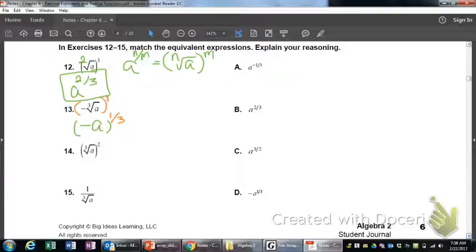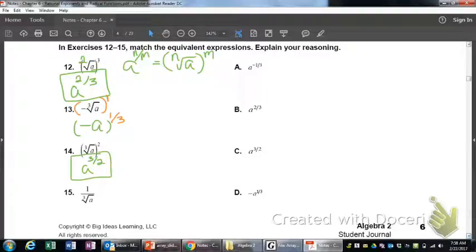For 14 and 15, you have the cube root of a, all squared. So what that one looks like is a to the 3/2.